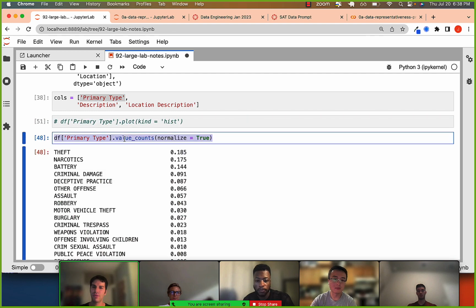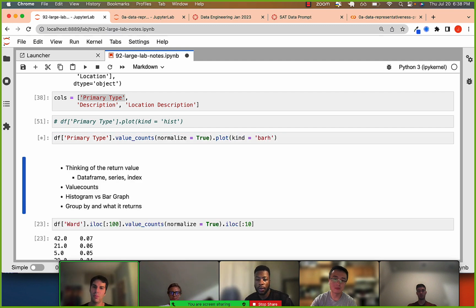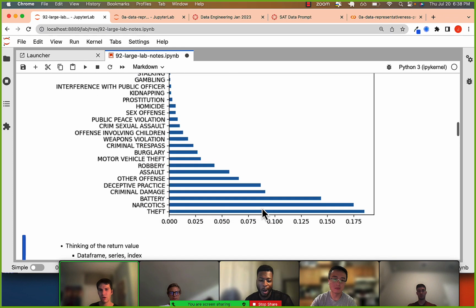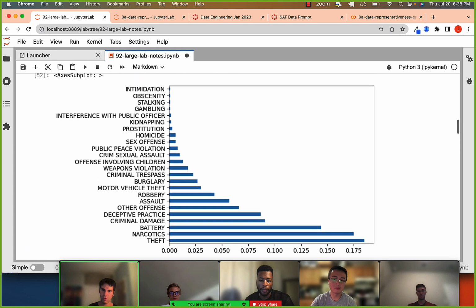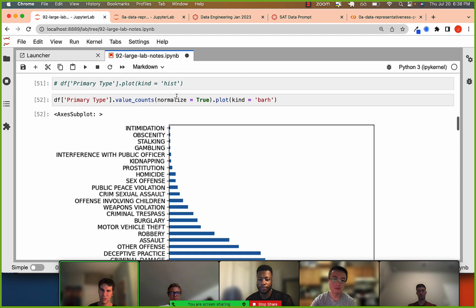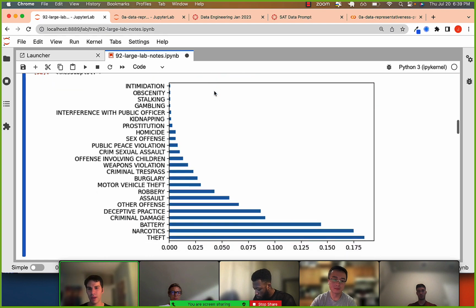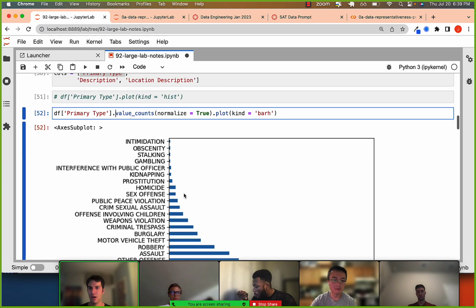We can take these value counts, and then we'll do plot, and now we'll plot a bar graph. I think I can do barh. Okay, and here you can see this is ordered from highest to least. Maybe we could flip this.